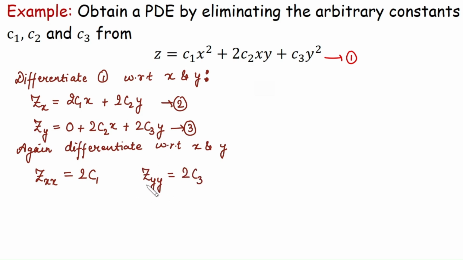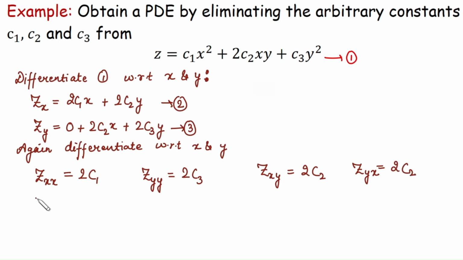Another second order derivative we can take is a mixed derivative. Initially we take with respect to x, now we take with respect to y. This results in 2 times c2. Even from the third equation, you can calculate its derivative with respect to x. We have already calculated with respect to y, again calculate with respect to x. This results in 2 times c2.